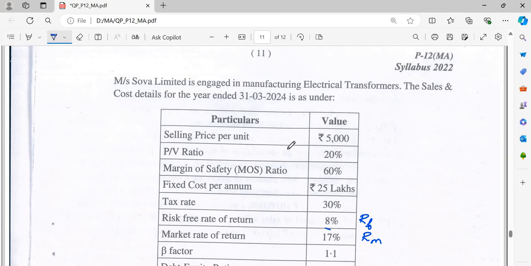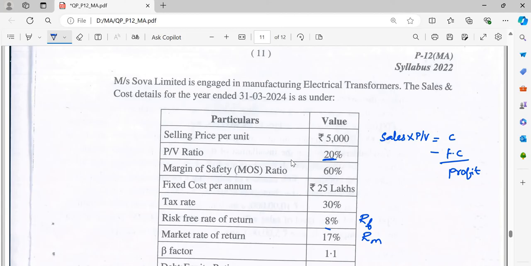So PV ratio is nothing but my contribution percentage, right? So if I am applying this along with sales into PV, I will be getting contribution. After this I can reduce my fixed cost, so I will be getting profit. This is profit before interest and taxes. So you have to remember here, because we are not considering any interest and tax and fixed cost. So many people will get confused here.